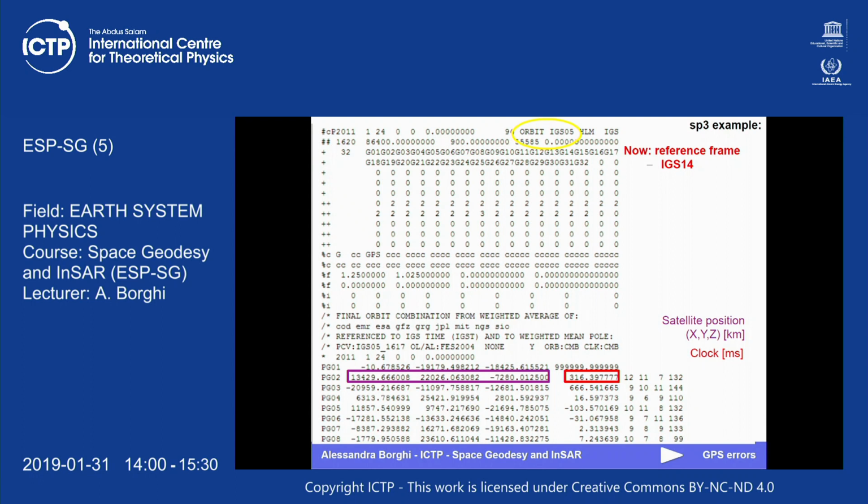And these are the satellite positions of the satellites. We also have information about the clock of the satellite, because we also have to synchronize the clock of the satellite. It's a second order problem with respect to the synchronization of the clock of the receiver. But we also have this information in this file.